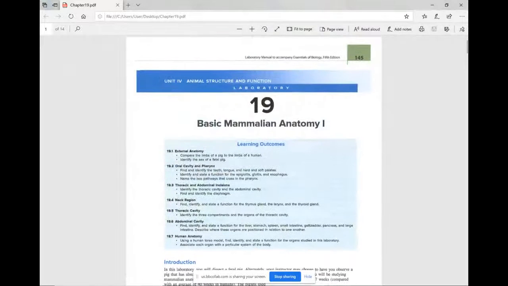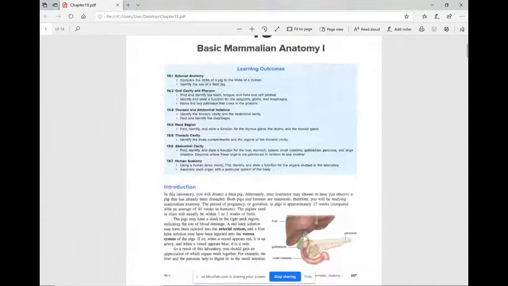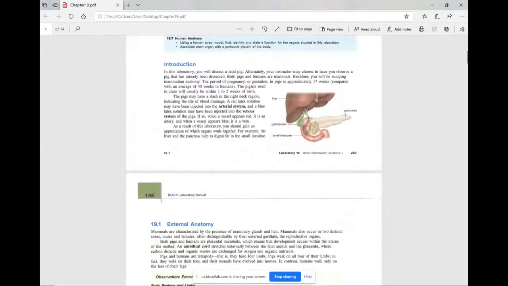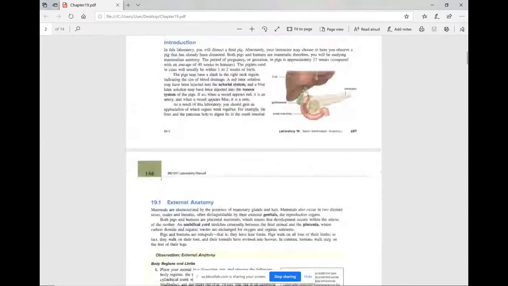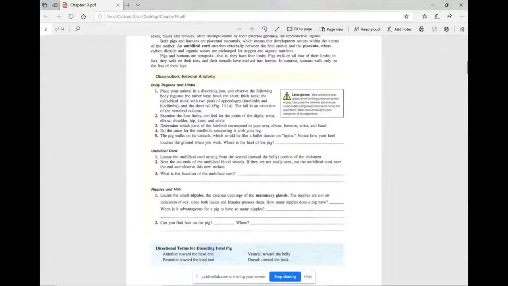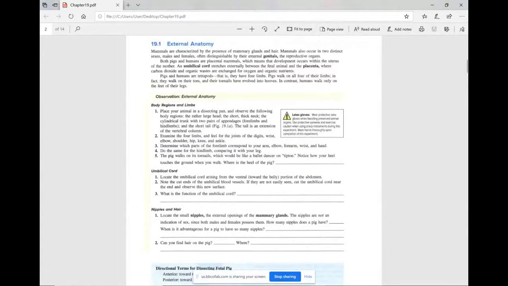Okay. So this is the copy of the lab that I have here for basic mammalian anatomy. Okay, so here we go.